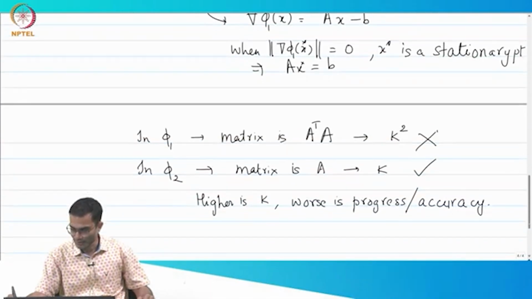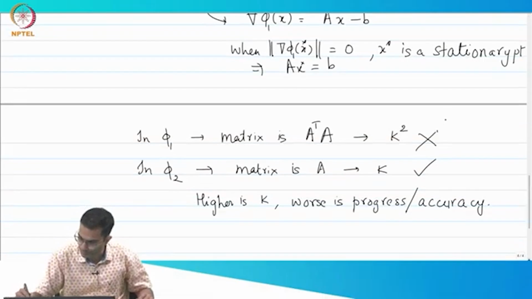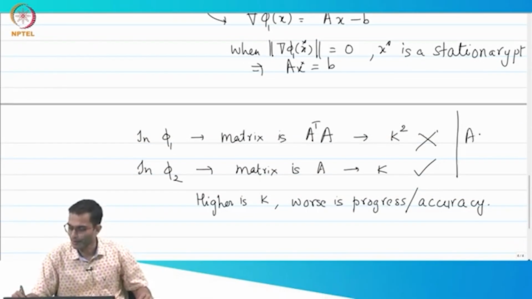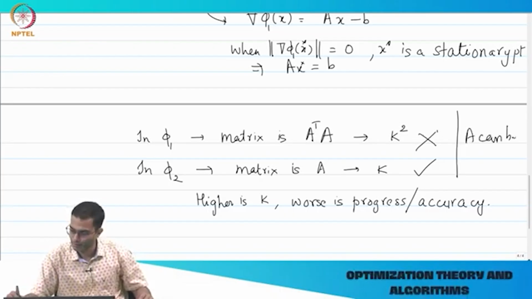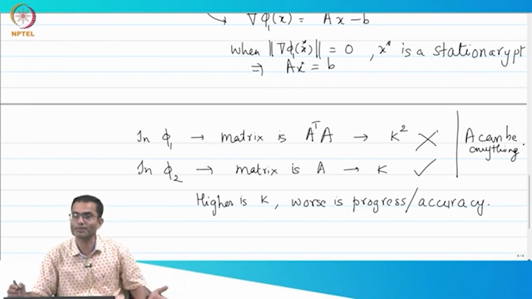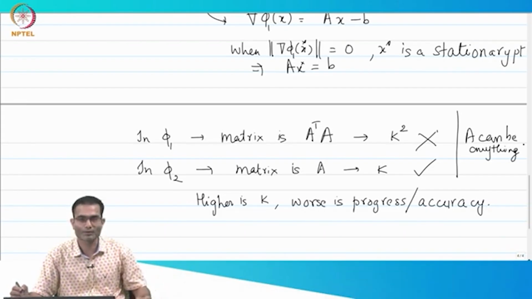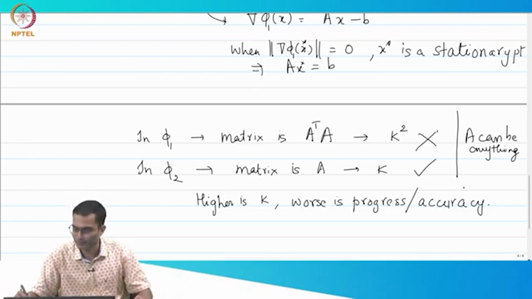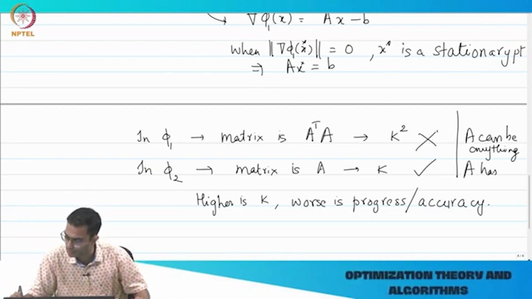Excellent, right? So, that's a very good point. You have beaten me to it. Let's put it over here. So, A can be anything, whereas in the second approach, A has to be positive definite, or as we have learned, symmetric positive definite.